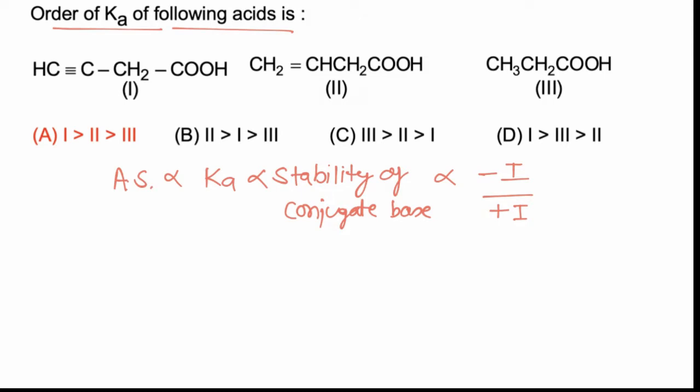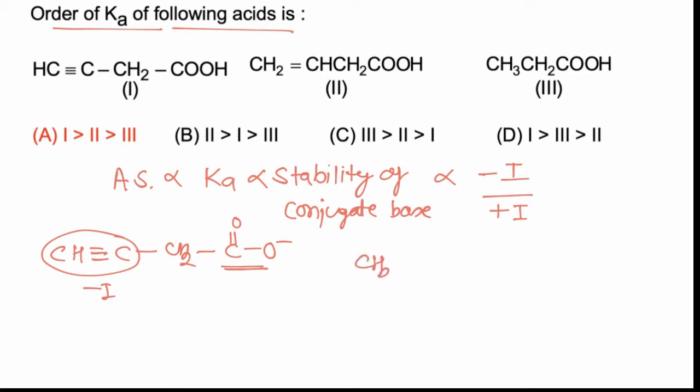Now, if we compare the first ion, CH triple bond C, CH2, C double O negative, this anion is stabilized by the minus I effect of sp hybridized carbon, while in the second case, CH2 double bond CH, CH2 C double O negative, this ion is stabilized by the minus I effect of sp2 hybridized carbon.